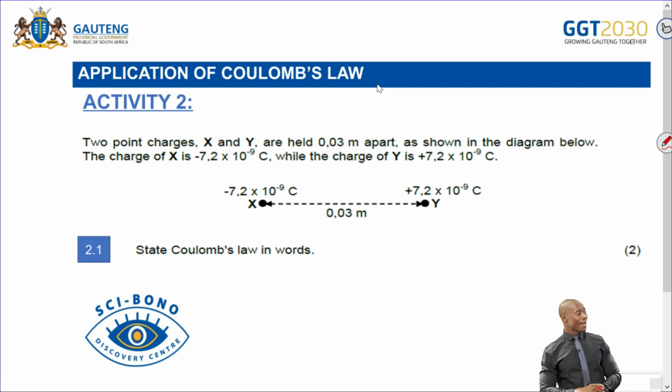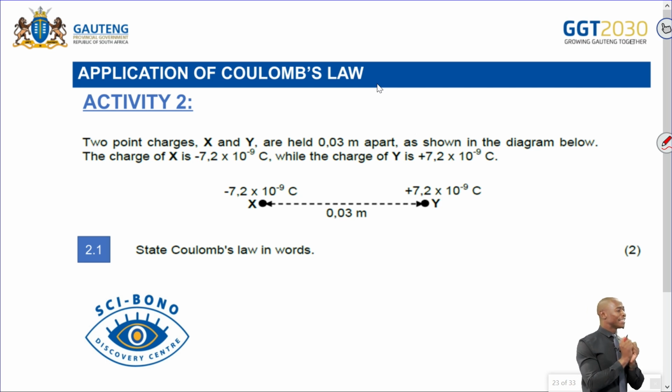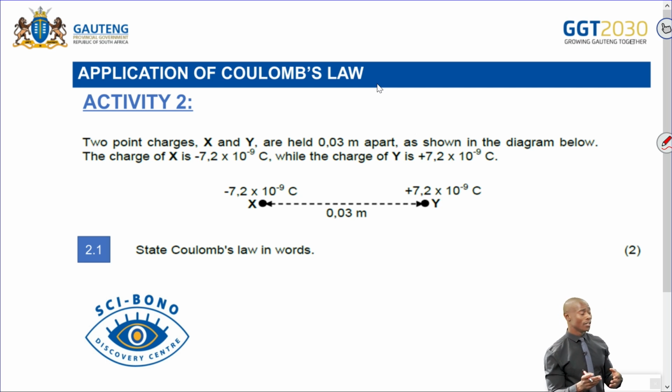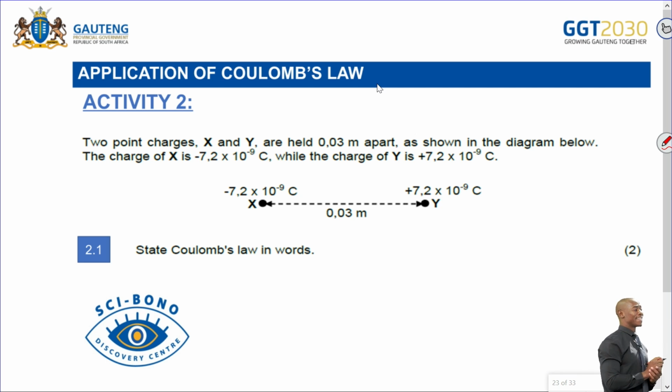All right. One of the things that they can ask in questions like this, let's say these were spheres, is which sphere between the two has excess electrons, which one has the shortage of electrons, right? So you can see X is negative, so X has excess of electrons.